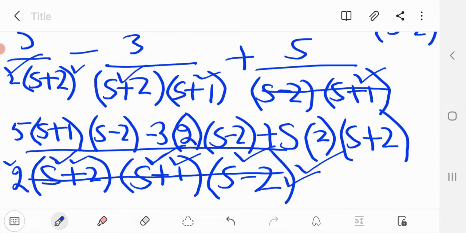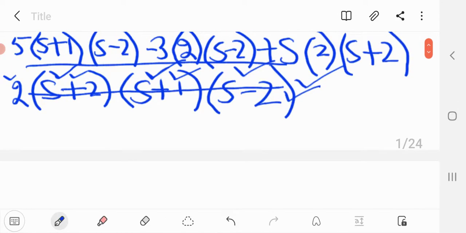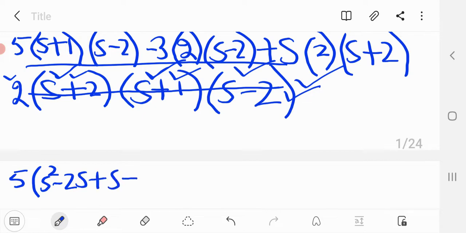Now write the denominator as it is, but simplify the numerator, so some terms may be cancelled, and whatever remains will be your answer. So let me go to the next step. It will become like this. 5 into s plus 1 and s minus 2, these three will be multiplied, so it will become 5 into s square minus 2s plus 1 into s, and plus 1 into minus 2 is minus 2.